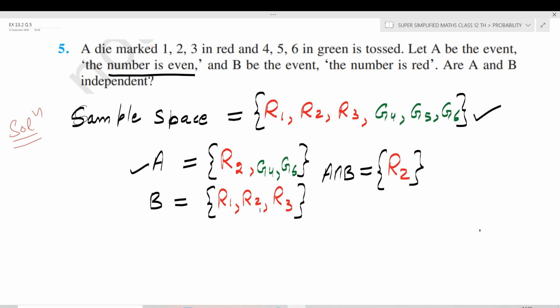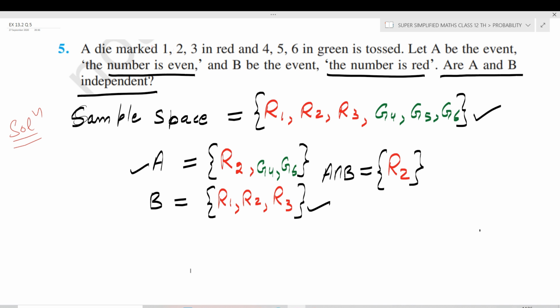This is event A. And the event B is that the number is red. So in event B, we have written all the 3 outcomes which are favorable to the happening of B, that is all the red faces containing numbers 1, 2 and 3. Now we write A intersection B also, because the question asks whether the events A and B are independent.